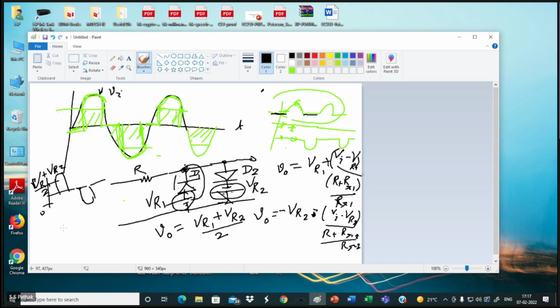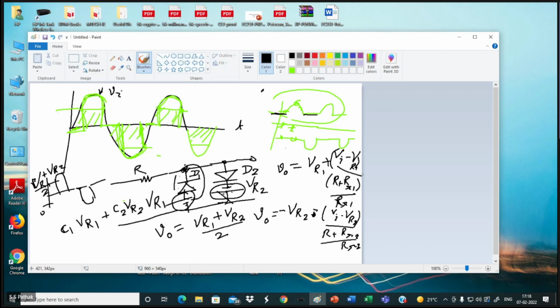Suppose it is C1. So C1 into Vr1 is the charge in this one, plus C2 into Vr2 is the charge in this one.